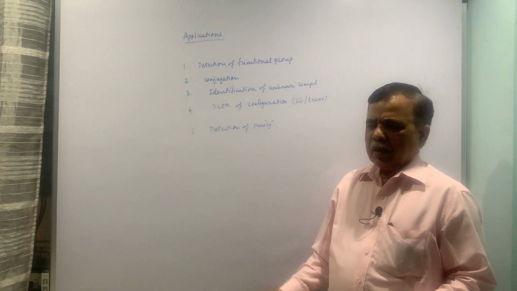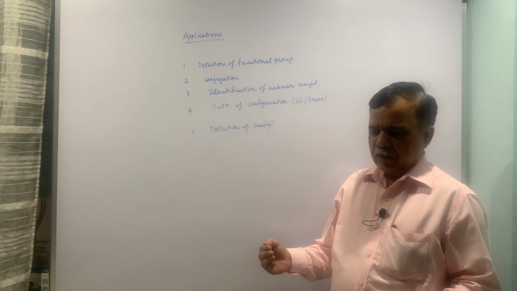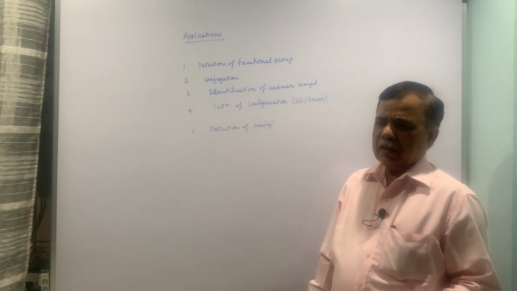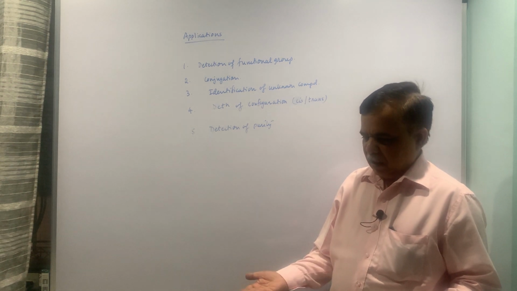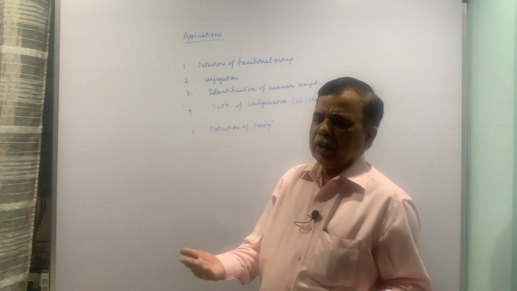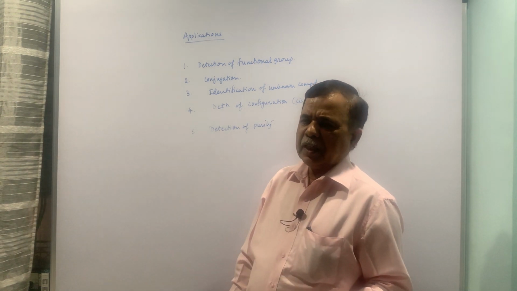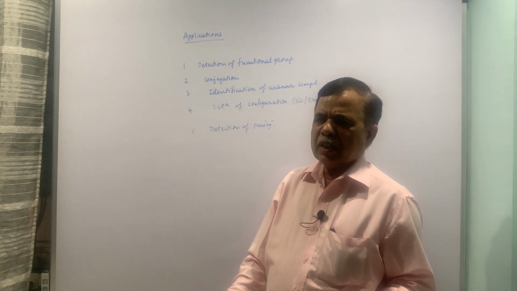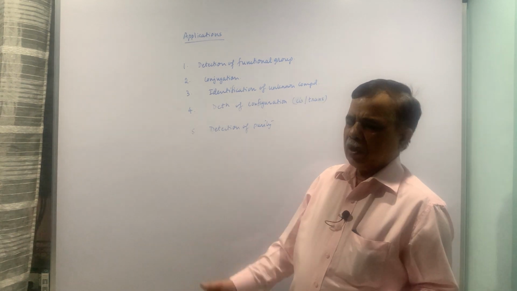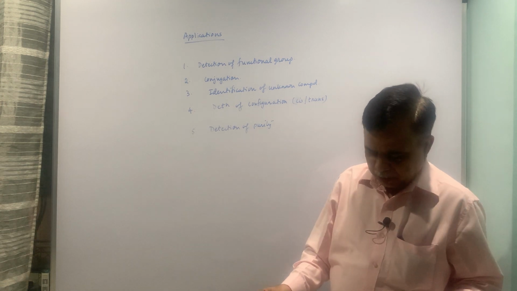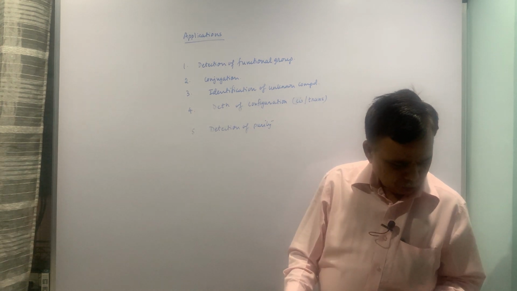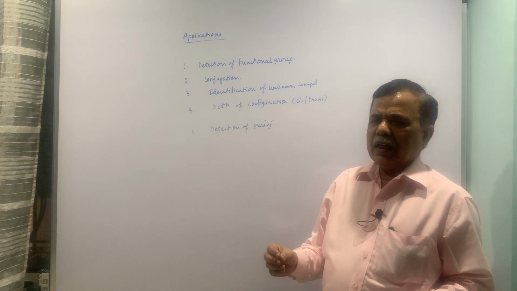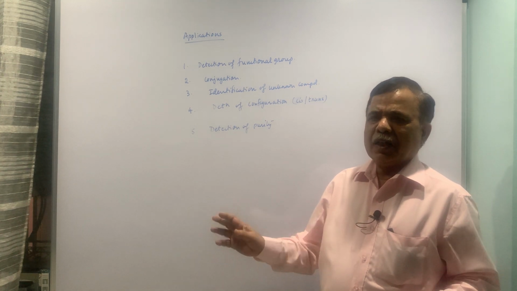Now the functional group which can be detected by this method is the chromophoric groups. You can detect NO2, cyano, C double bond C, C triple bond C, and so on. So the basic requirement is all those groups must be capable of absorbing UV light themselves.